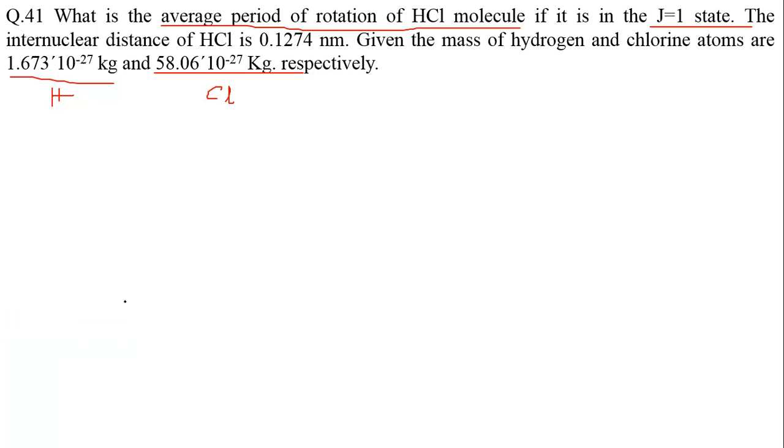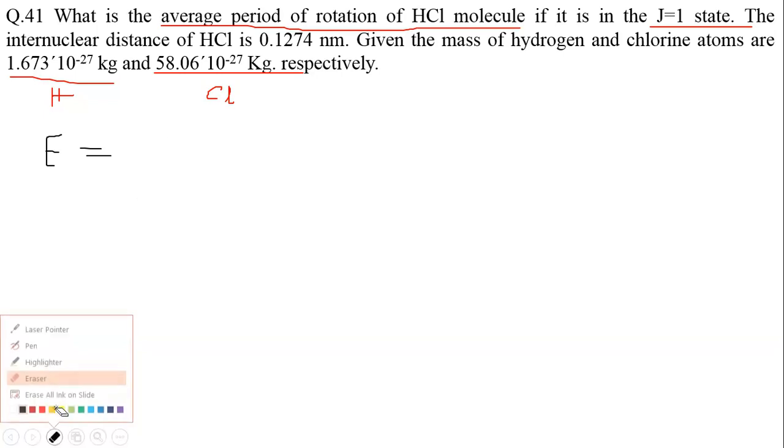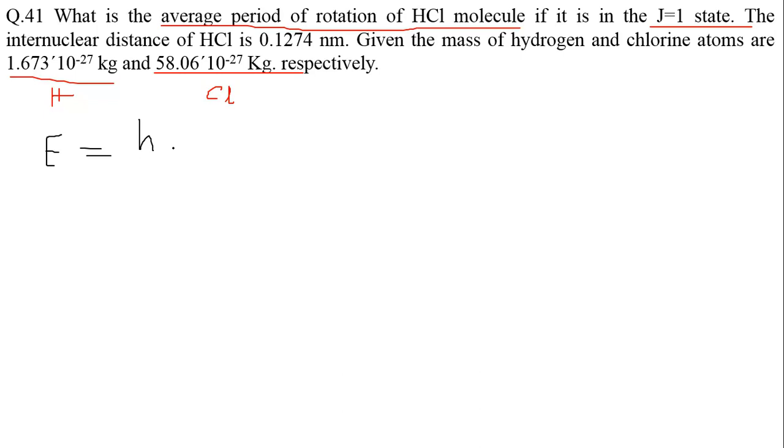In terms of J, the rotational energy is h square by 8 pi square I, J into J plus 1.